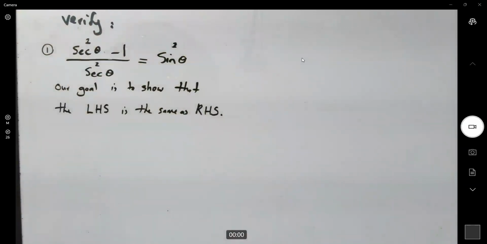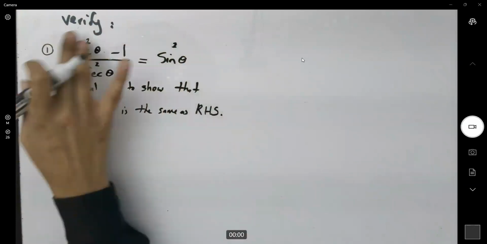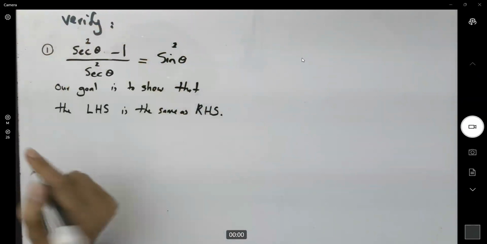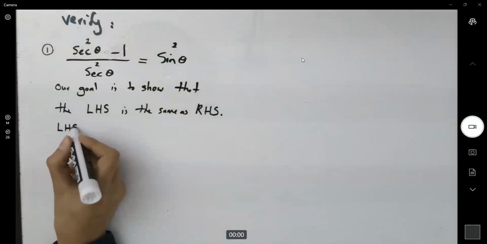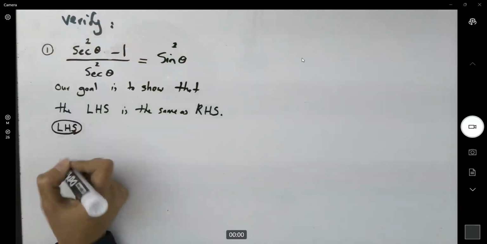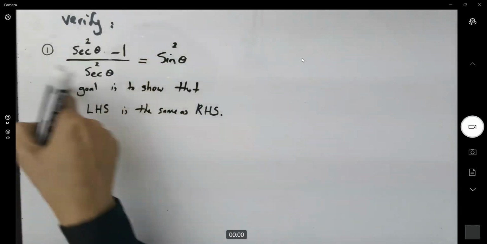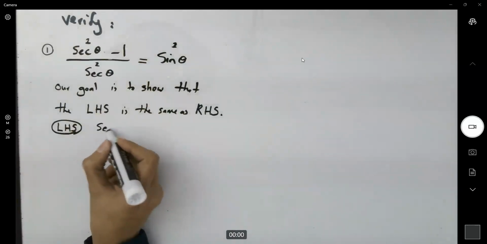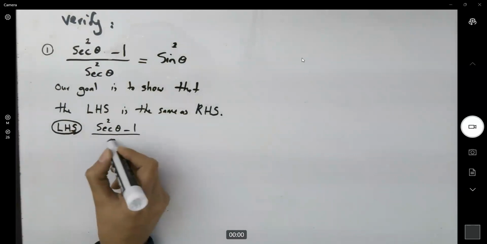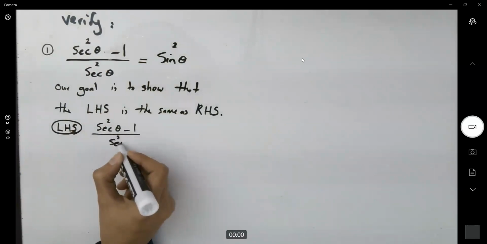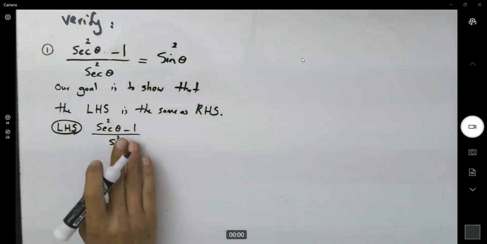In this case, it's easier for me to simplify this fraction. So I'm going to start by writing the left-hand side. The left-hand side is this fraction here: secant squared of theta minus 1 divided by secant squared of theta.